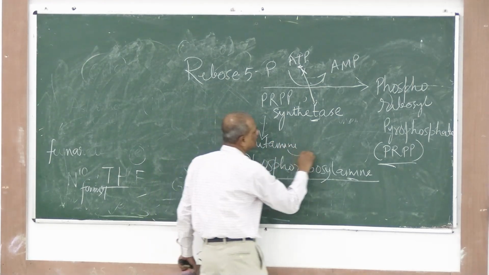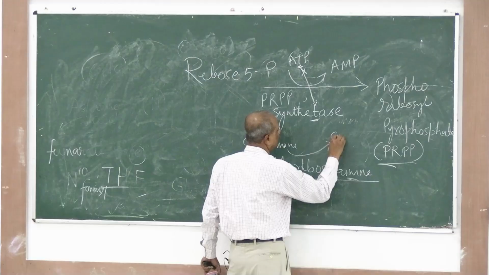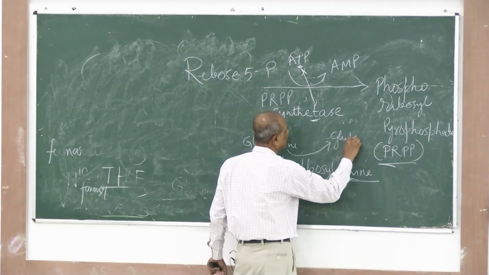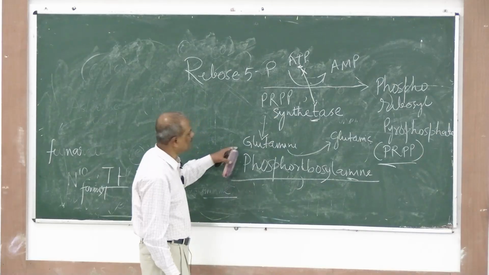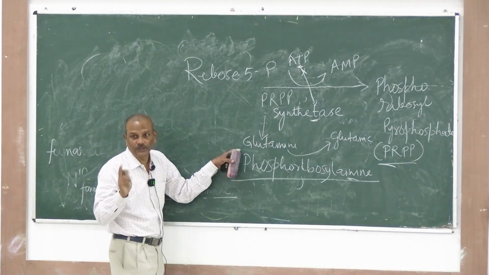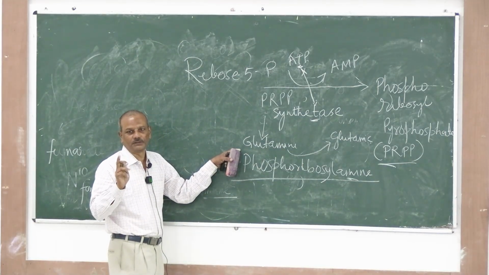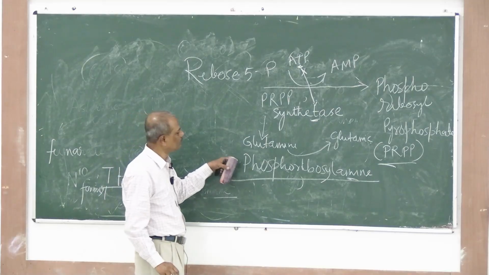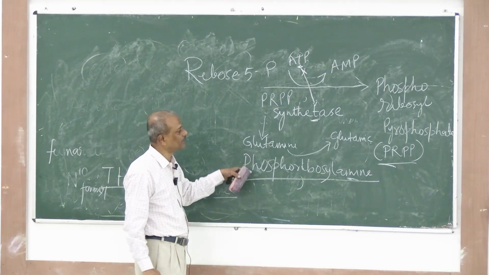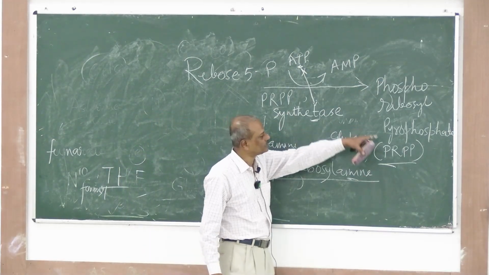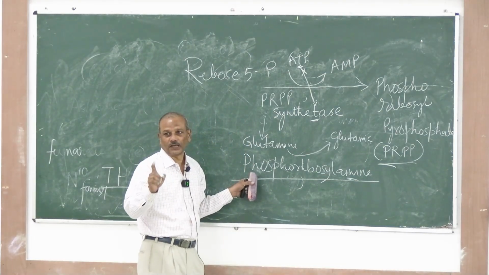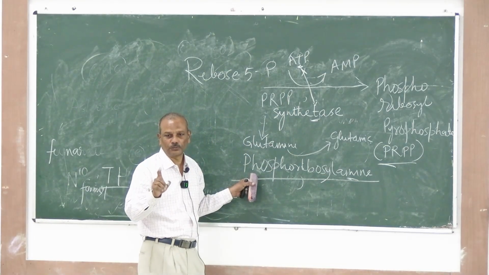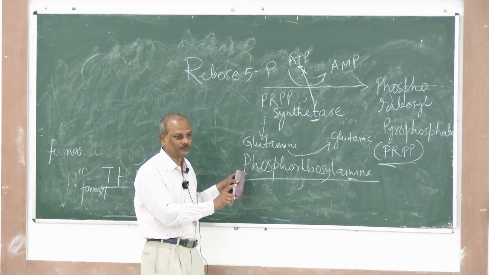And glutamine will get converted into glutamic acid. And since this is an amide nitrogen, amido nitrogen, this is called phosphoribosyl pyrophosphate amidotransferase.